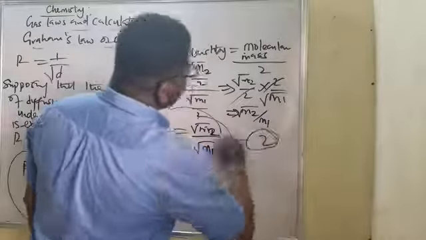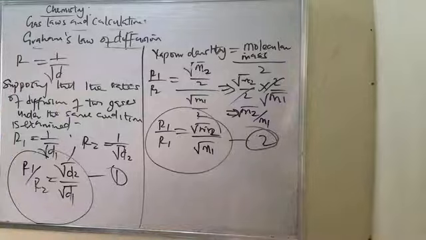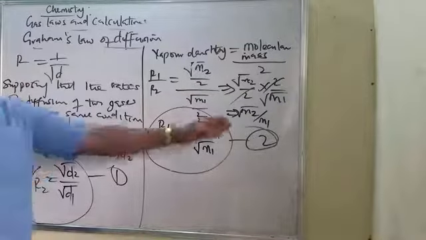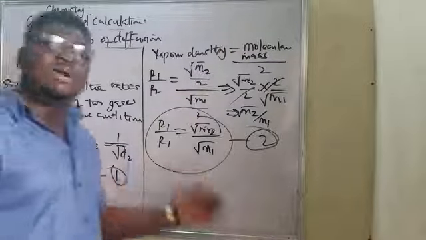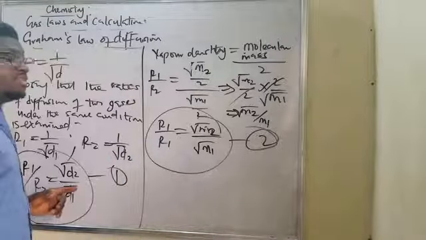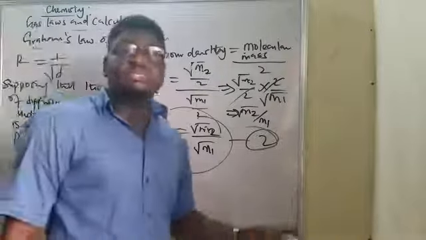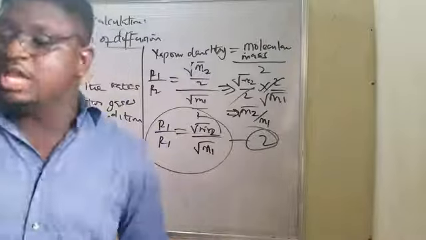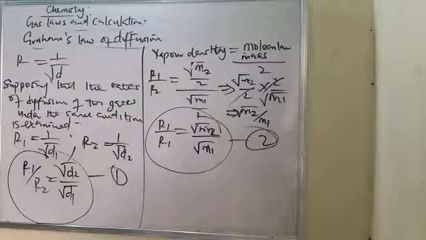This is another formula under Graham's law of diffusion. Sometimes you may not be given the vapor density, you'll be provided with the molecular mass, and you are still expected to get the rate of each gas.